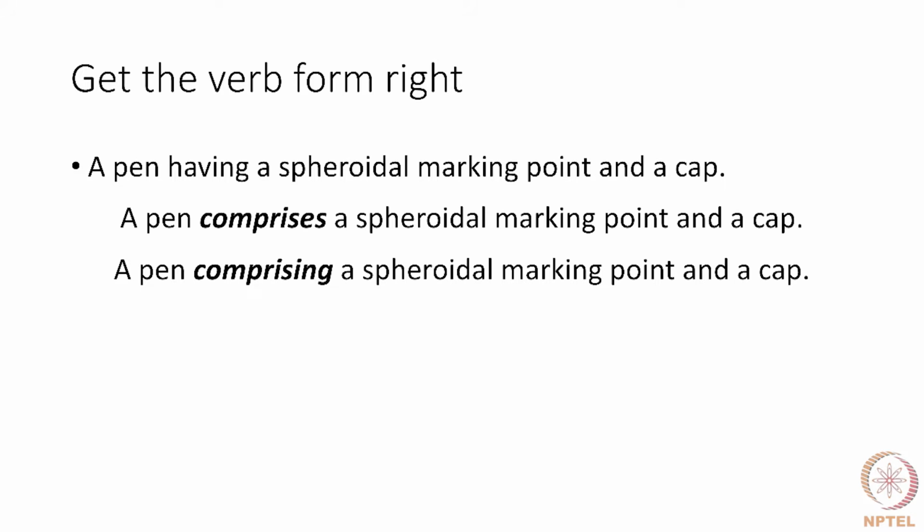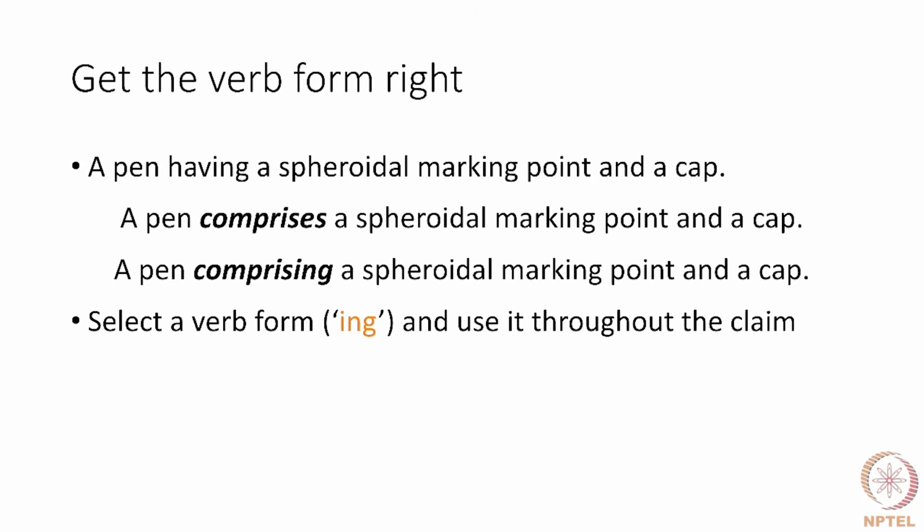There are enough case laws to say that "comprising", the -ing form, is the one to be used, because that verb form allows you to present the claim in the present tense.